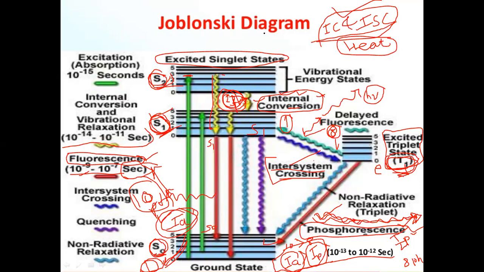Okay, and due to the ISC, it moves to D3, because D1 is the excited energy level. So at the D3 level, it gives its energy to the acceptor molecule.